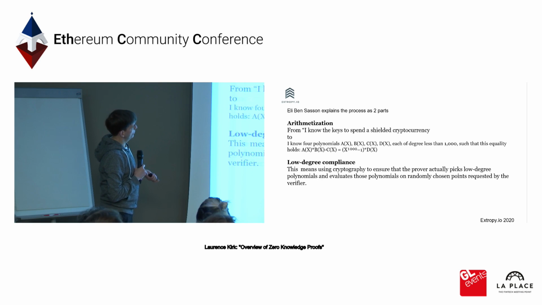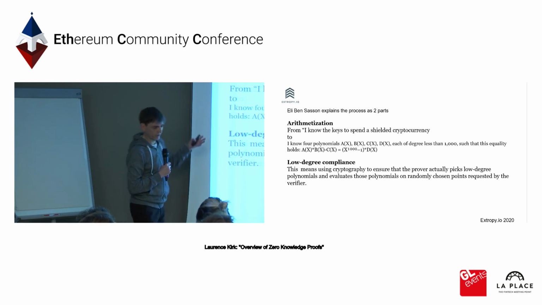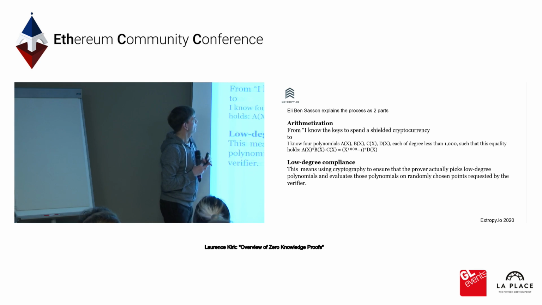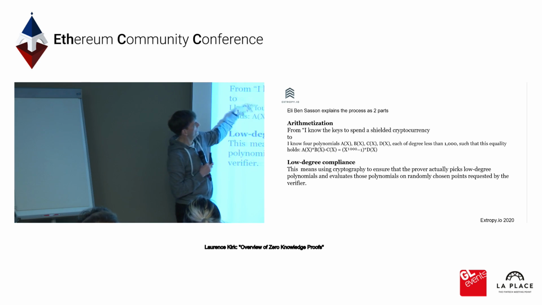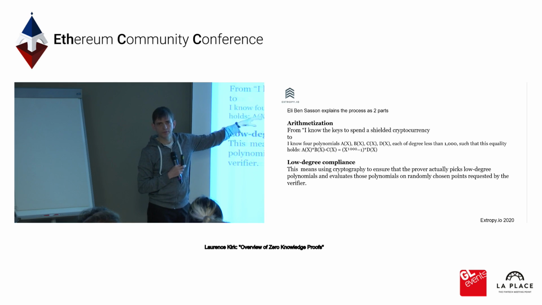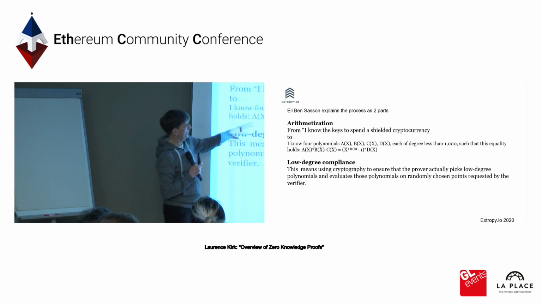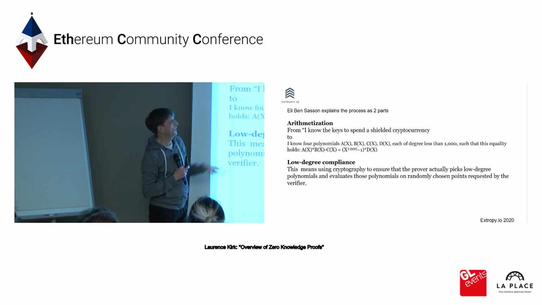Okay, another way to look at this is effectively the same kind of process, but imagine we're talking about, say, a cryptocurrency. You start off with the idea that you have some keys, and from that you turn this into some polynomials, and you have them in a particular relationship.